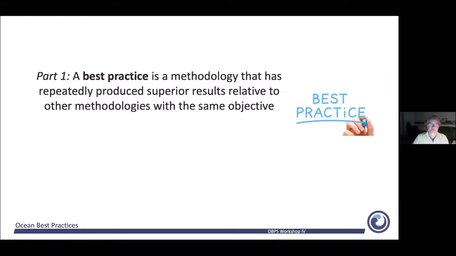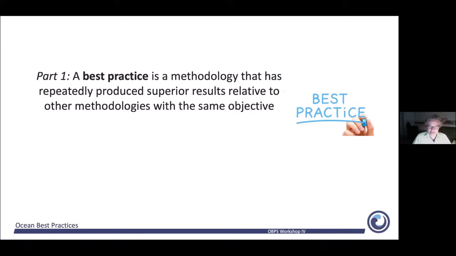So coming to what we are all after in whatever way, and that is best practices. What I show you here is one part of the definition for best practices. Best practice is a methodology that has repeatedly produced superior results relative to other methodologies with the same objective. That is very intuitive, very clear, I think. Still, people may say, well, I have a good method, but I don't know if this is the best method.